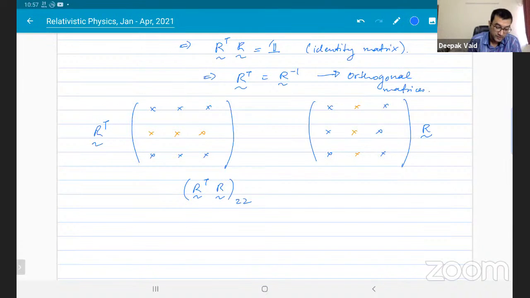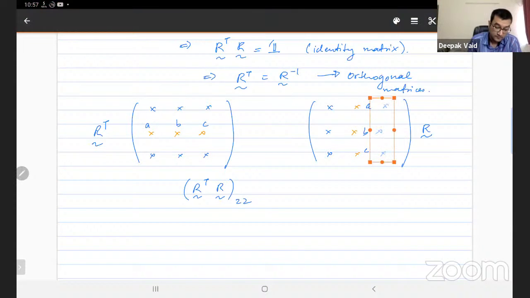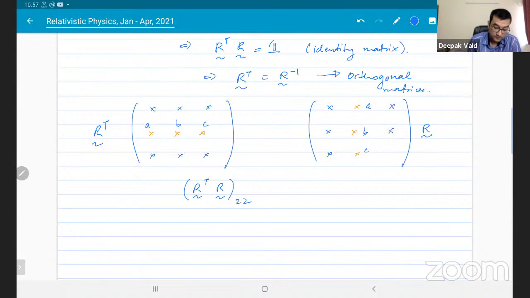So if these are some numbers A, B, C, then this is the same A, B, C, right? And what is this? This is A square plus B square plus C square. And I'm saying that this has to be equal to the identity. And this is one of the diagonal components, so this is equal to 1.